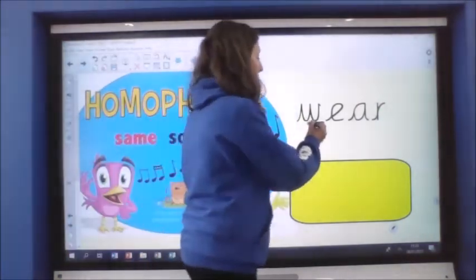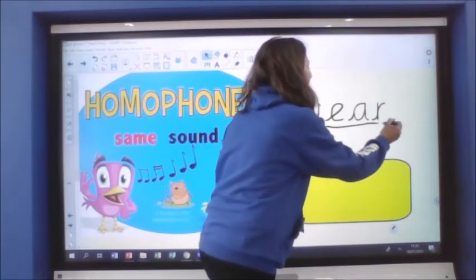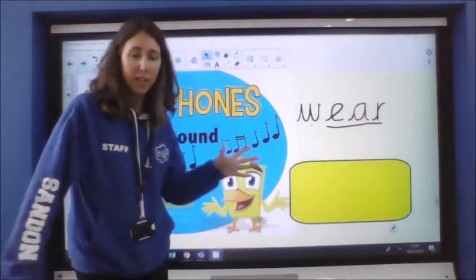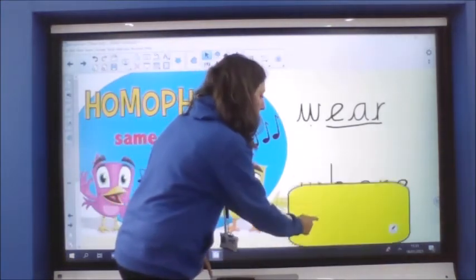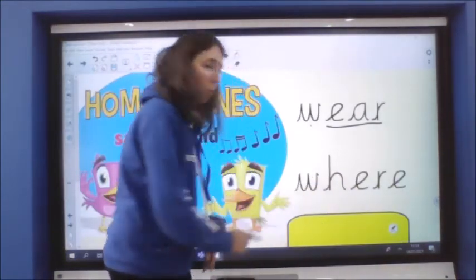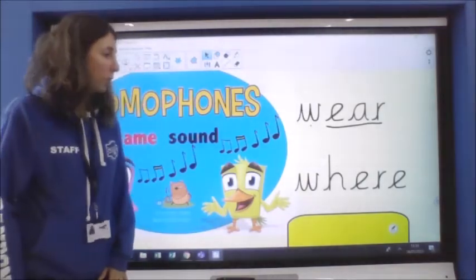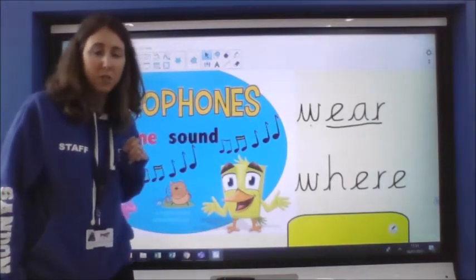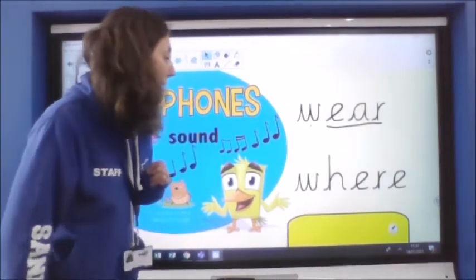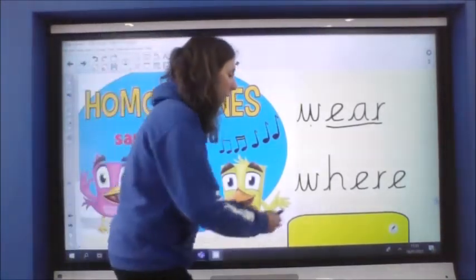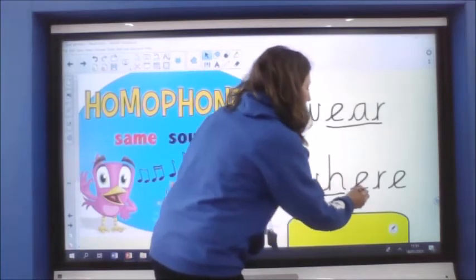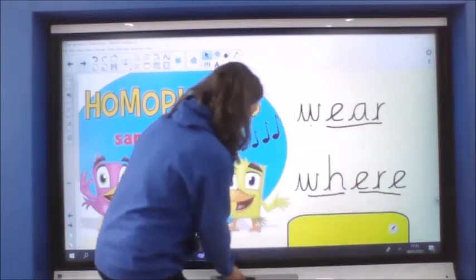So this word is wear, as in wearing your clothes. Whereas this word is also wear, isn't it? One of our tricky words, where. And you've got that word on your spelling list for this week. It's tricky word where. W-H-E-R-E. Okay, so this time we've got that bit making the air sound, haven't we?